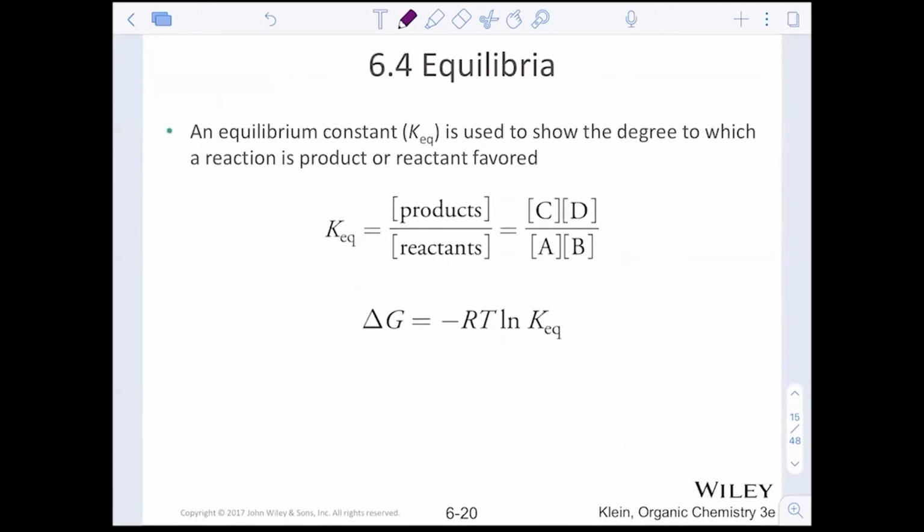Then there is KEQ, the equilibrium constant, right? Products divided by reactants. And that is what we can use to show the degree to which a reaction favors the products or the reactants. If the KEQ is greater than 1, products are favored.